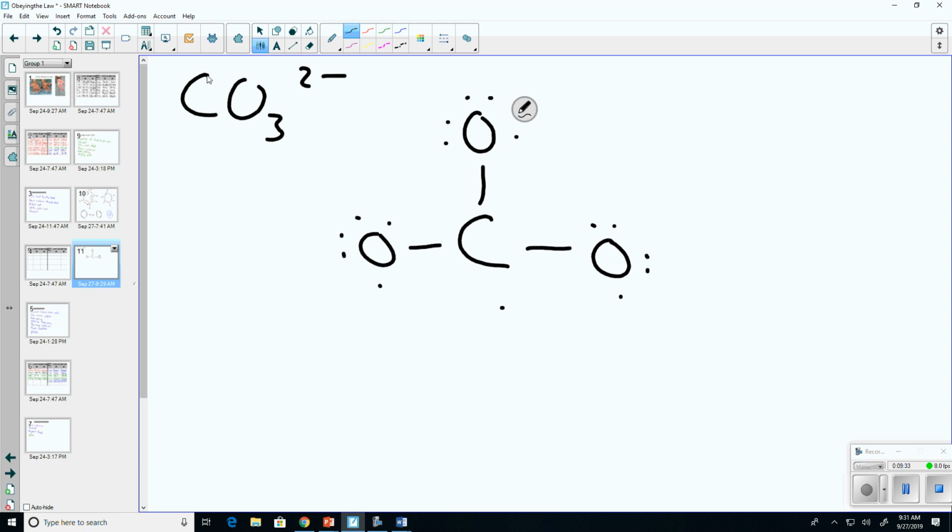Notice that carbon is 1 electron shy of the octet. Each oxygen is 1 electron shy of the octet. What I would do in this case is I would double bond to one of these oxygens. So I'm going to erase these 2 electrons and draw my double bond. Now the oxygen's at the octet and the carbon's at the octet.